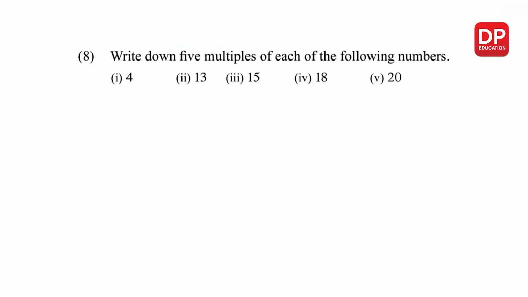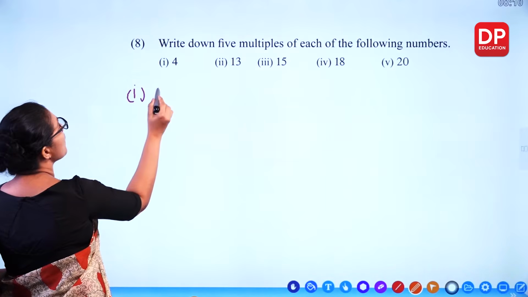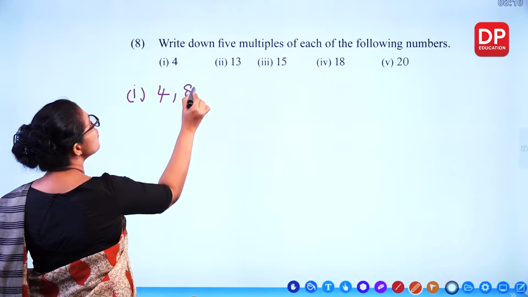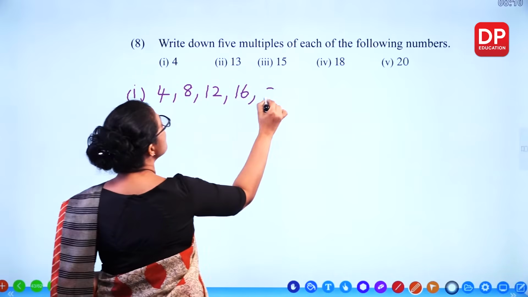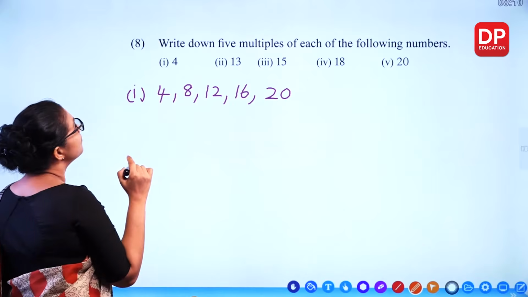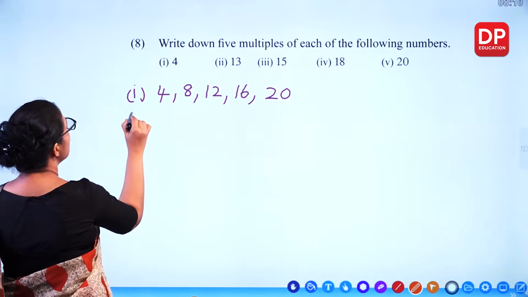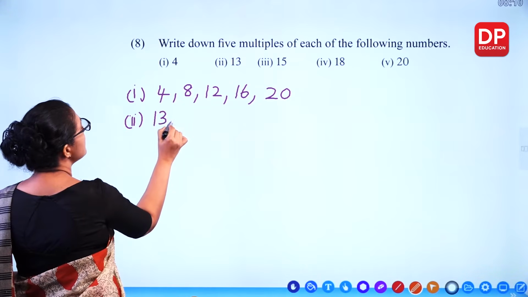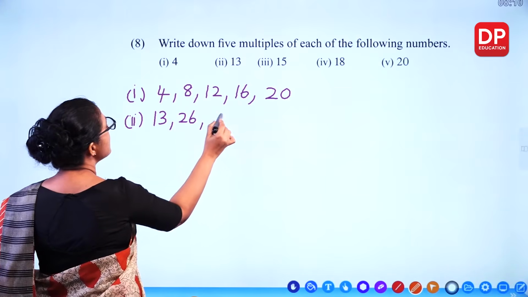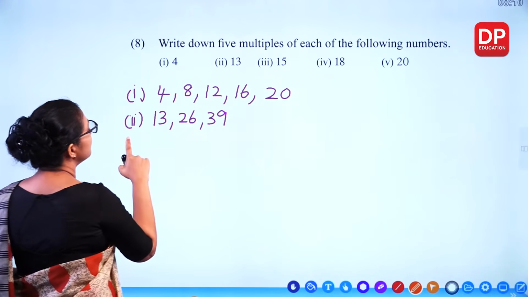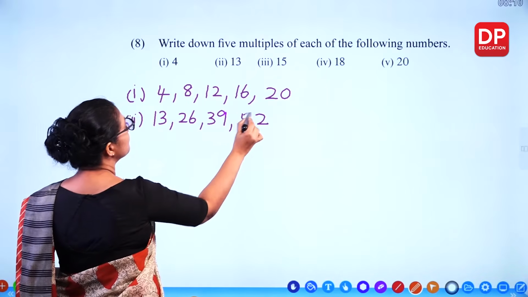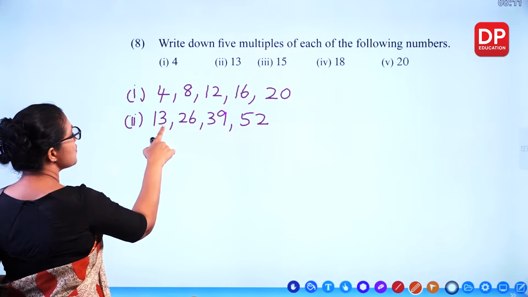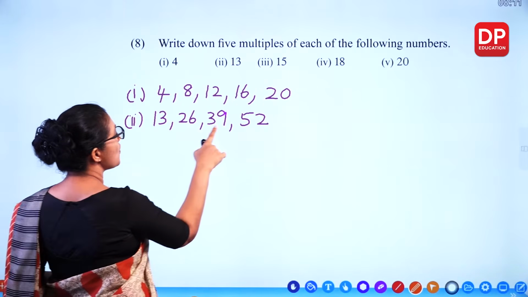Write down 5 multiples of each of the following numbers. 4 times 1, 4 times 2, 4 times 3, 4 times 4, 4 times 5. So, we need 5 only. 13 times 1, 13 times 2, 13 times 3, 13 times 4. 4 times 3, 12, 4 times 1, 4 plus 1, 5.